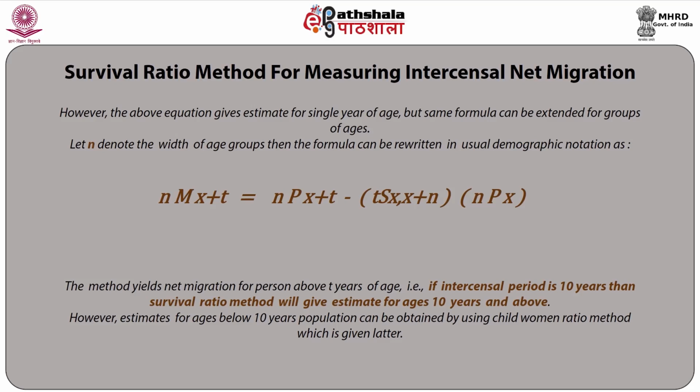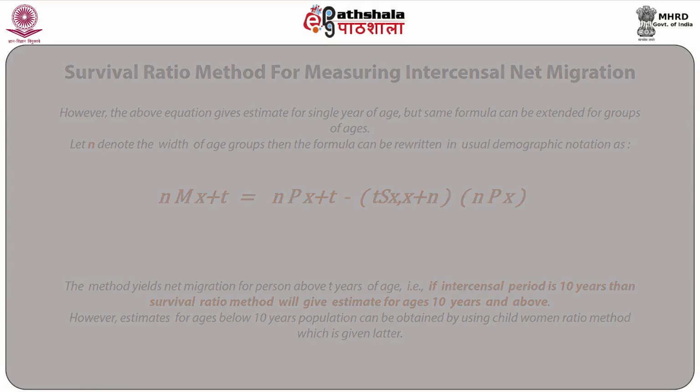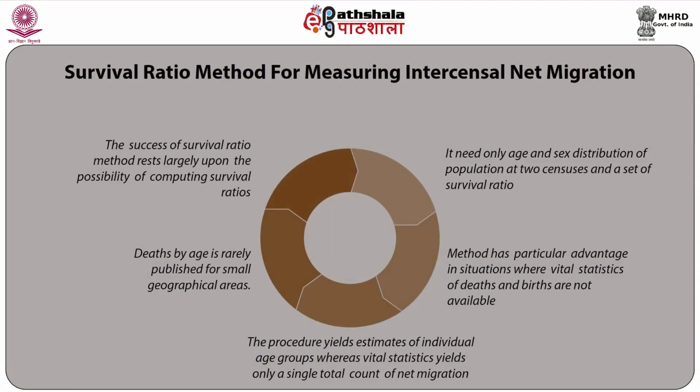However, estimates for ages below 10 years can be obtained by using the child movement ratio method, which is given later. The advantage of this method is that it needs only the age and sex distribution of population at two censuses and a set of survival ratios that may be assumed to represent the effect of mortality.